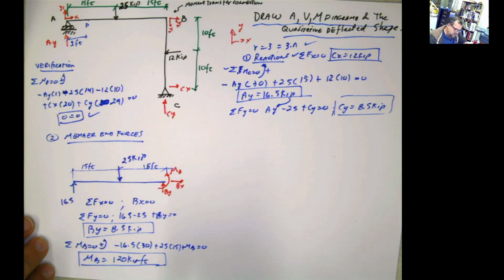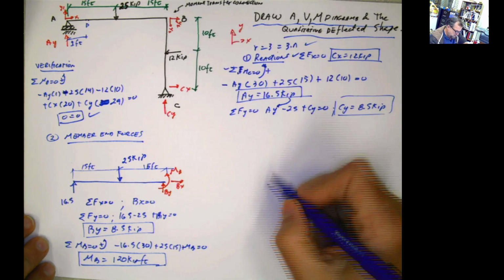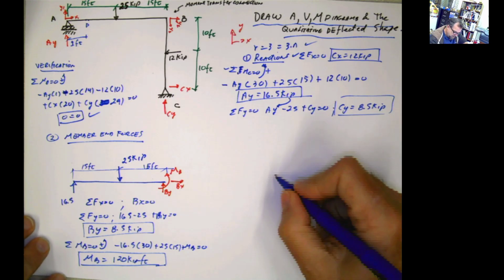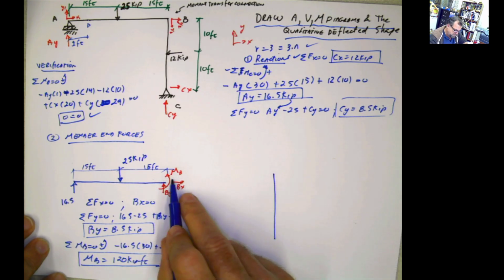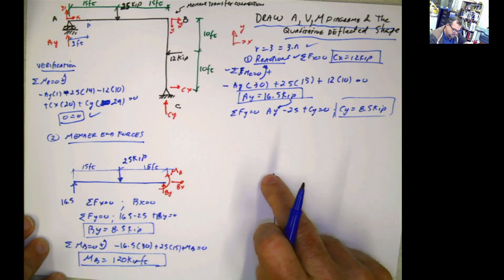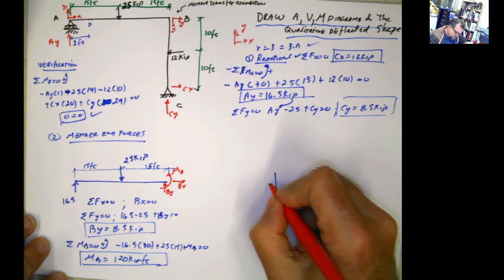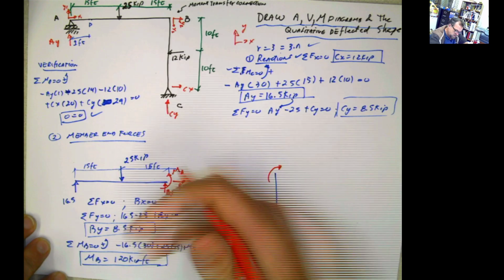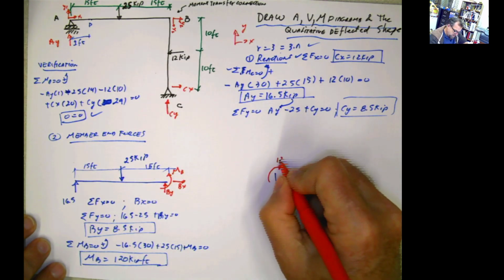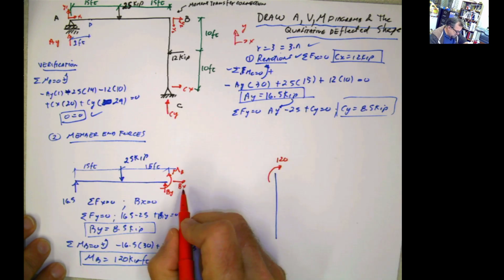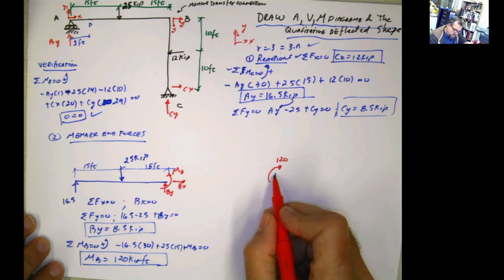Now, the idea is that we move to the next member, which is this column. When we go to that member, that column is here. These end forces are transferred to this point here. So if the moment was acting in this direction, now the moment is going to be acting in this direction. Action, reaction. And this is 120. If this force Bx was acting in this direction, but it happens that there's not any other force, that will be transferred here.